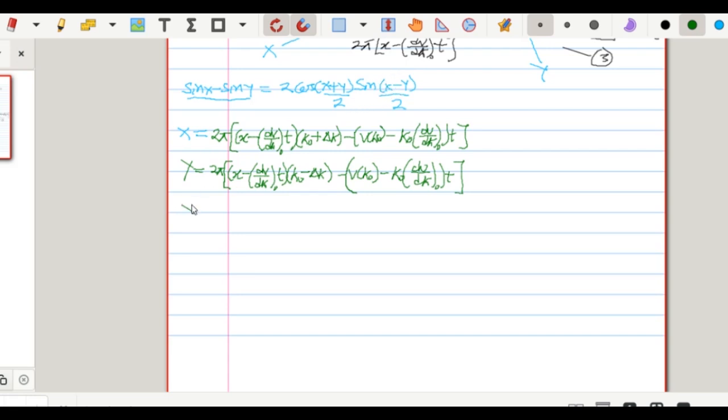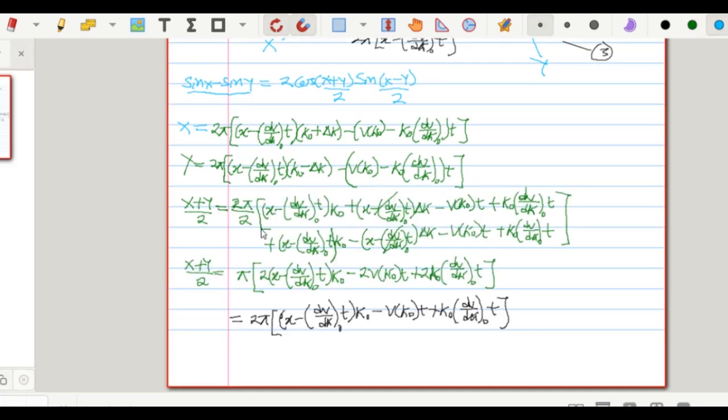So when we add x plus y divided by 2, from here, if we open this bracket, if we multiply this k naught by opening this bracket, we are going to have this to eliminate this. This will be minus dv over dk naught t k naught, then plus k naught into this. So that minus plus is going to cancel out this.